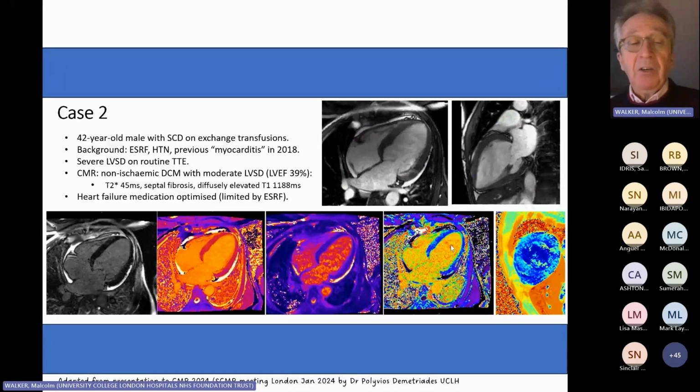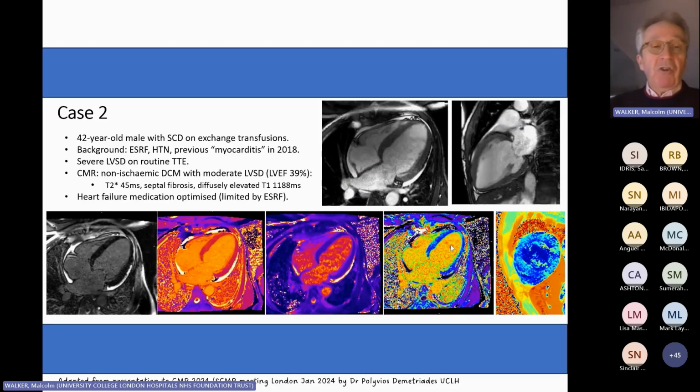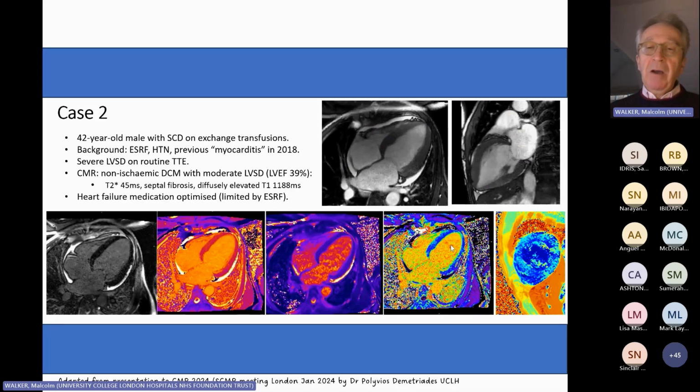Here's a different pattern. This is a 42-year-old man on exchange transfusions with a background of end-stage renal failure, high blood pressure, and he'd had some kind of cardiac event in 2018. On a routine echo, because they have a routine echo and come to our clinic every year, he had severe left ventricular systolic dysfunction.